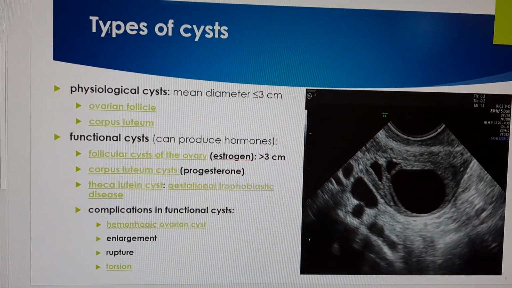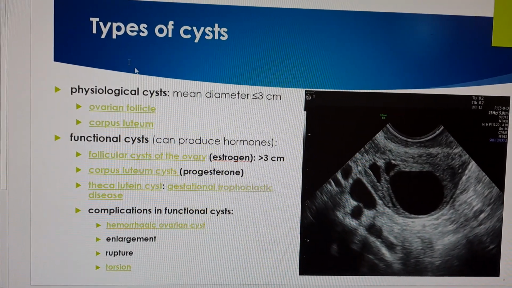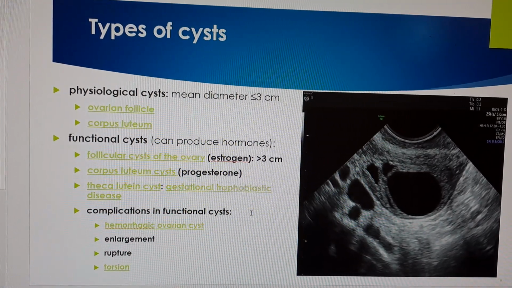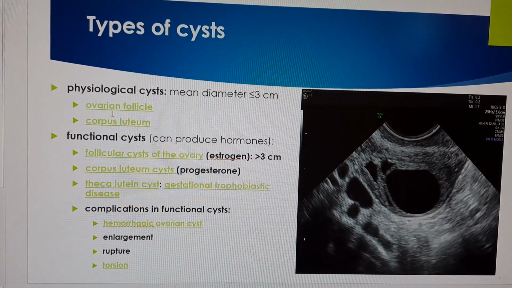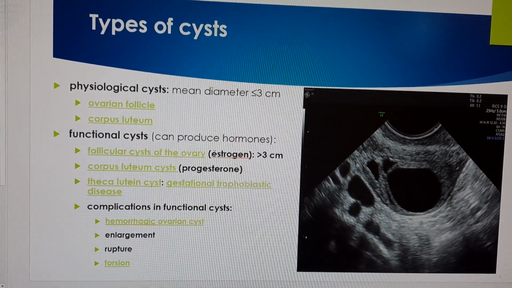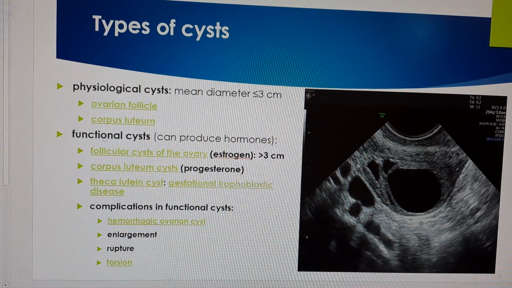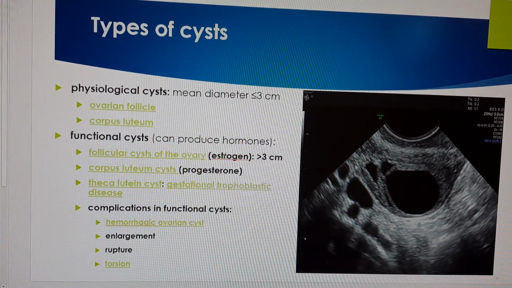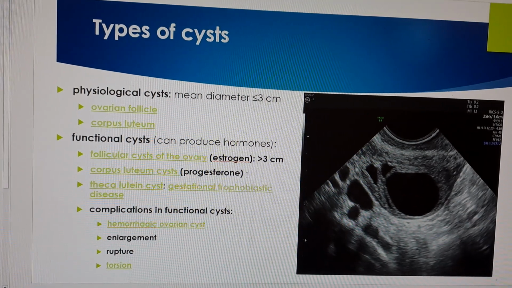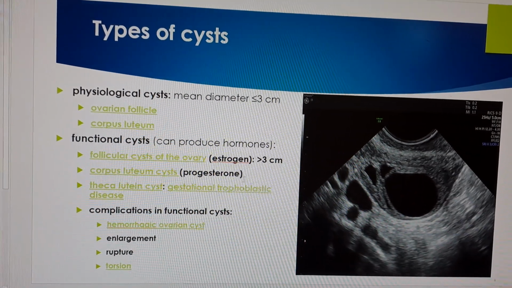Now there are many types of cyst, and I am only discussing the simple cyst, not the complicated cyst. The simple cysts are the follicular cyst and the corpus luteal cyst. The follicular cyst, a functional cyst, releases estrogen. The corpus luteal cyst releases progesterone for maintaining the pregnancy.